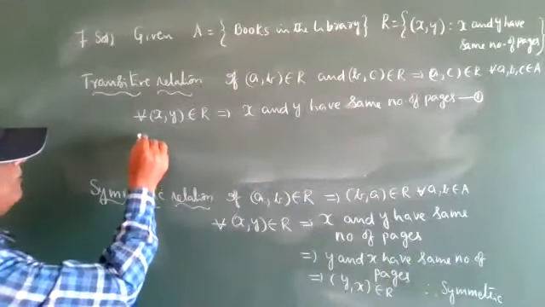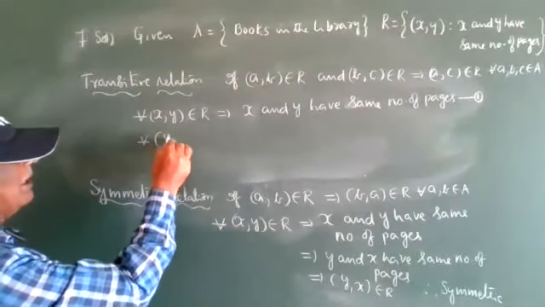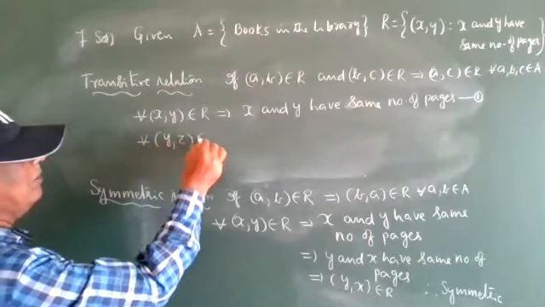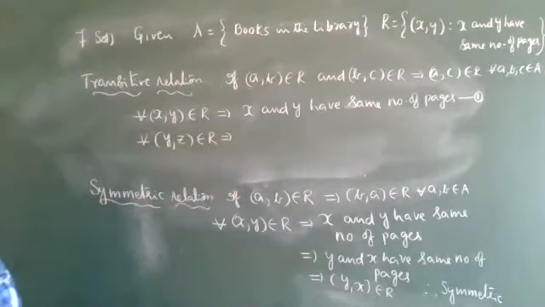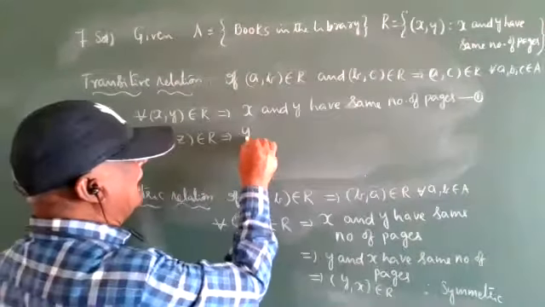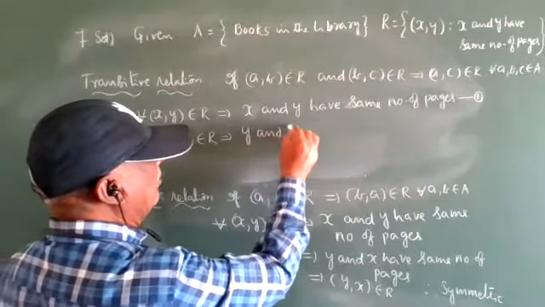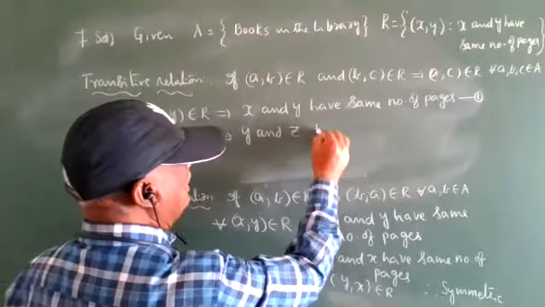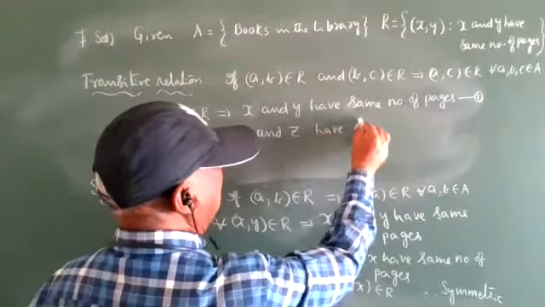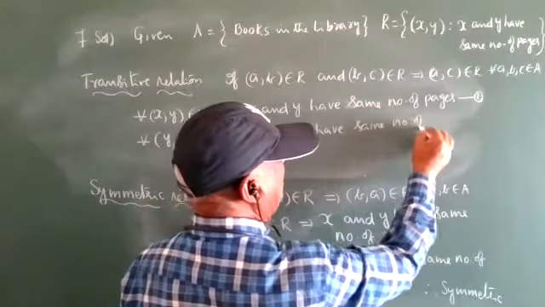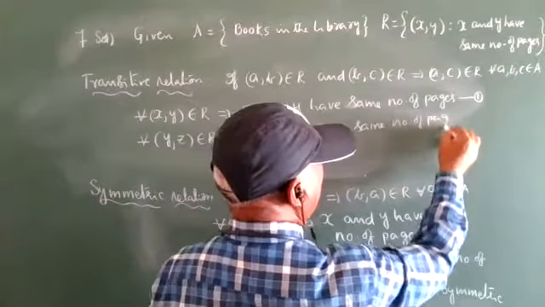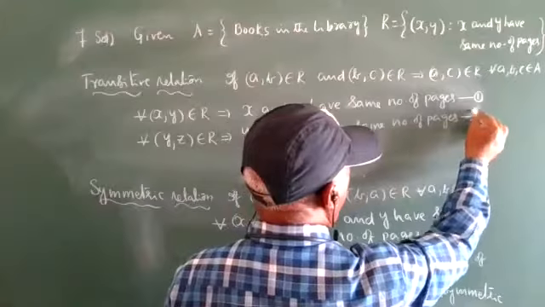Second one, write down: for all (y, z) belongs to R, that implies y book and z book have the same number of pages. From 1 and 2, what do we understand?